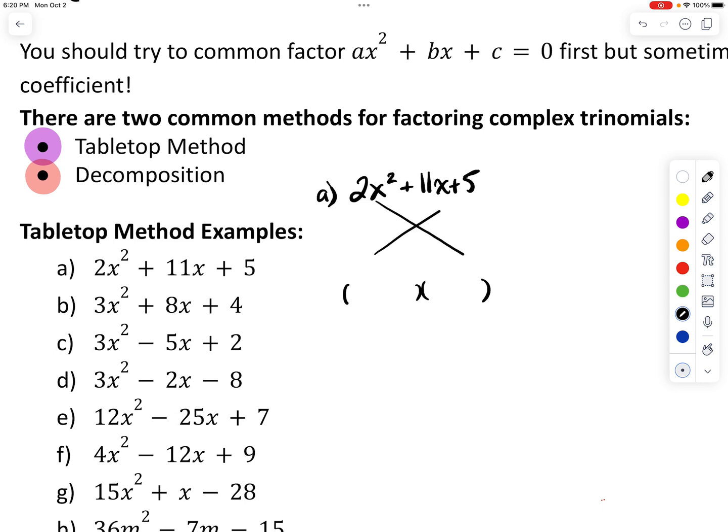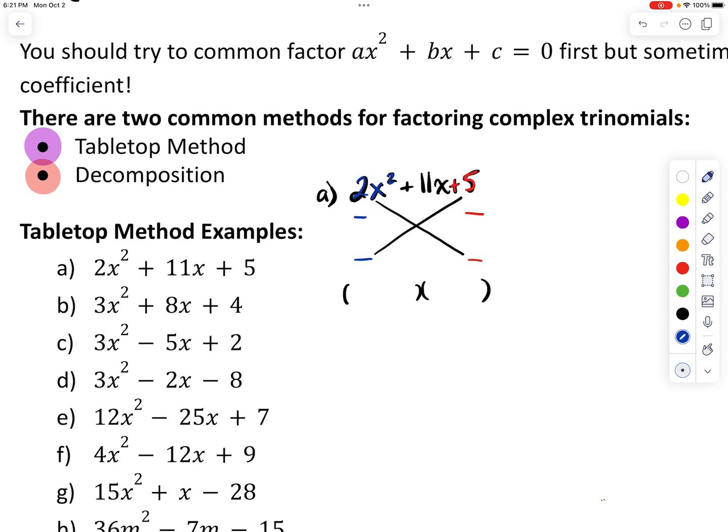What we do is you set up a table. It kind of looks like a coffee table, with the legs or those 2 lines. What I want to do is put numbers here and here that will multiply to 2x squared. And then I want to put numbers here that multiply to that positive 5.